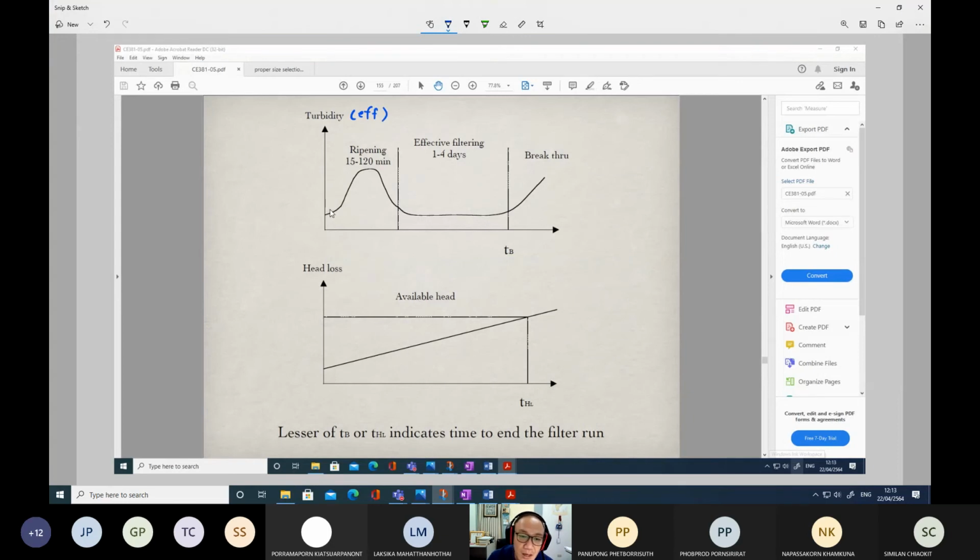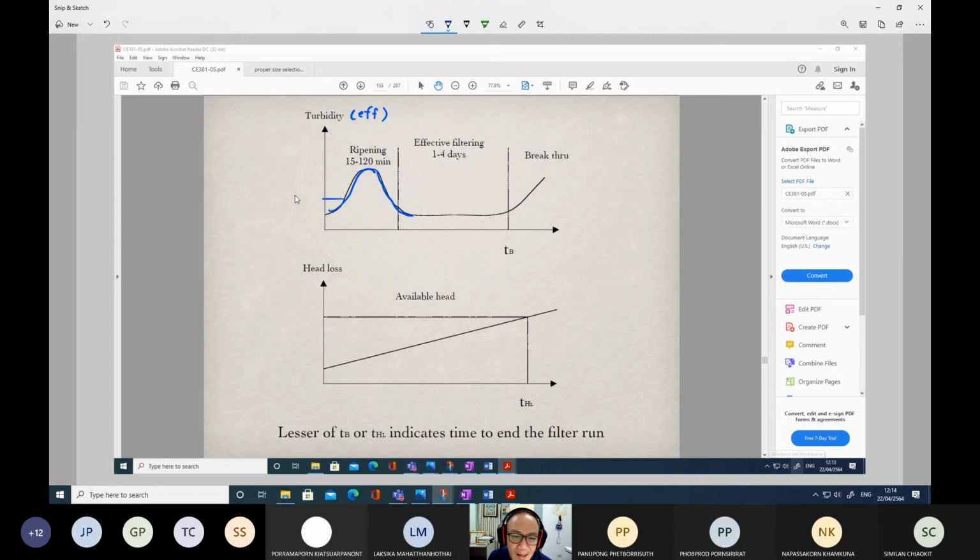If you measure it initially it will increase, but after operating for some time, a few minutes, or it may be several minutes and hours, it depends on the characteristic of the media. But anyway, at the end the turbidity will decrease.